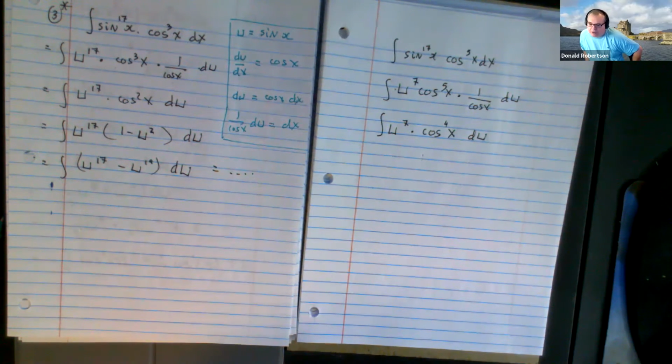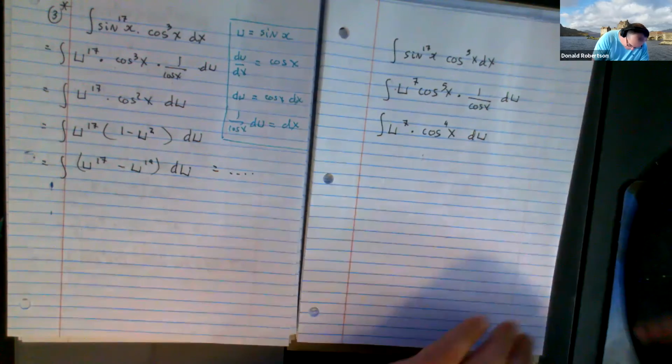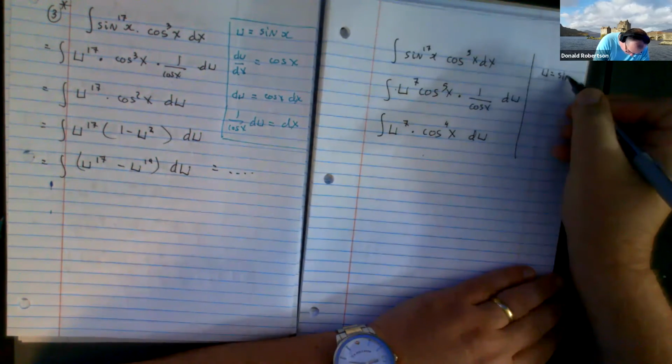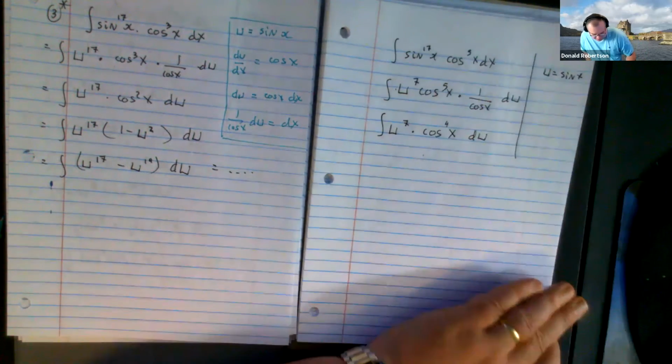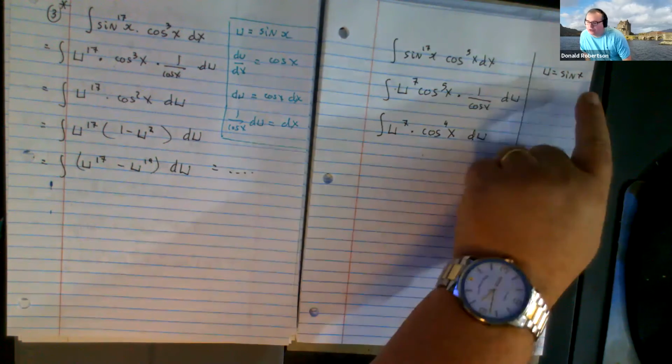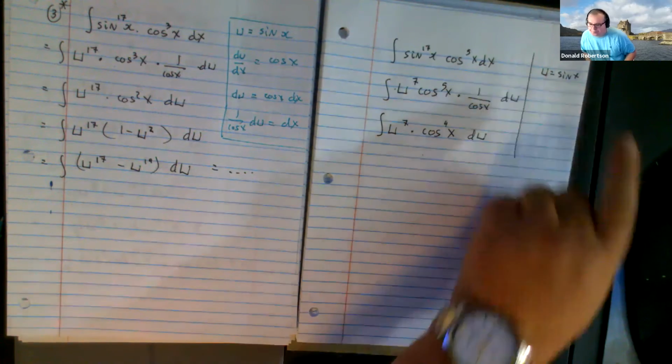A little bit less likely, you might end up with a sine to the 4 left over, or as in this case, a cosine to the 4 left over. We are doing a u sub where u is sine x. That means we've got to figure out how to write cos to the 4th x in terms of sine x, so we can convert it to u's.